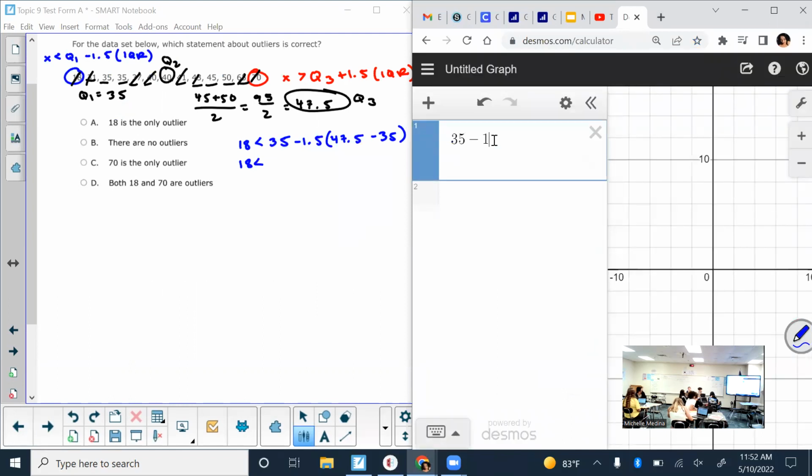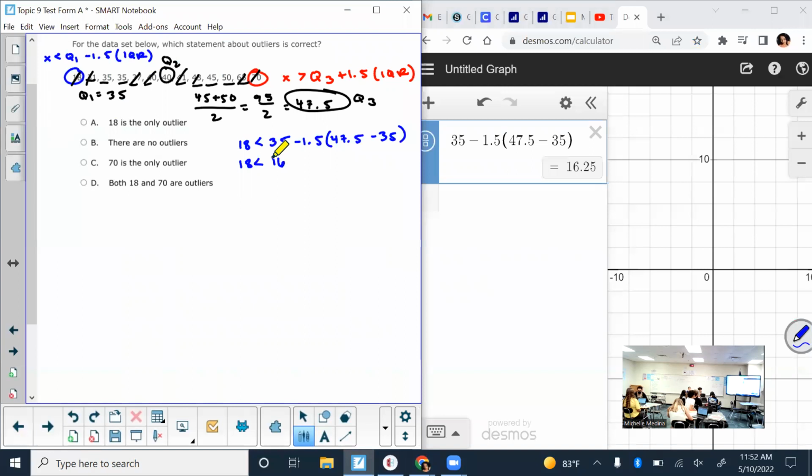All right, but here's what it should look like in your calculator. All right, and I get 16.25. So is 18 less than 16.25?